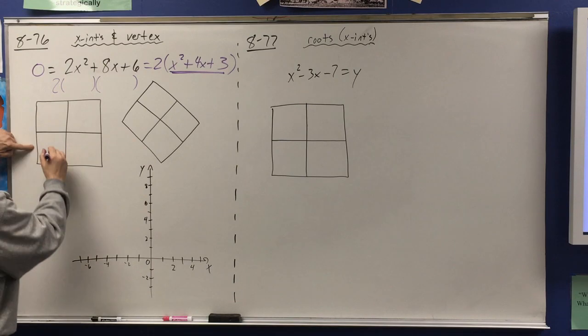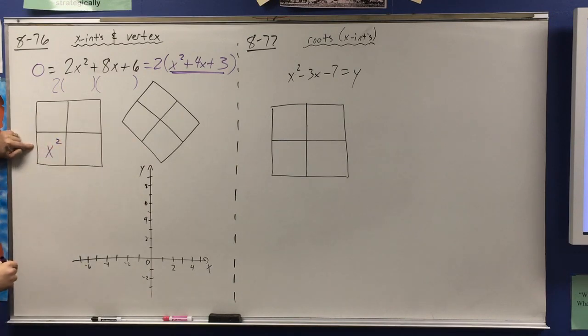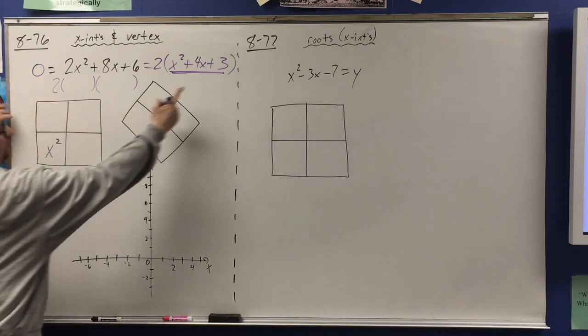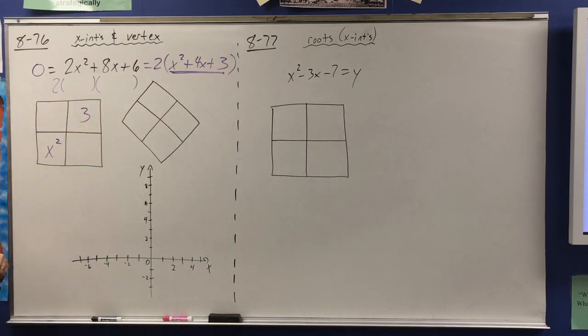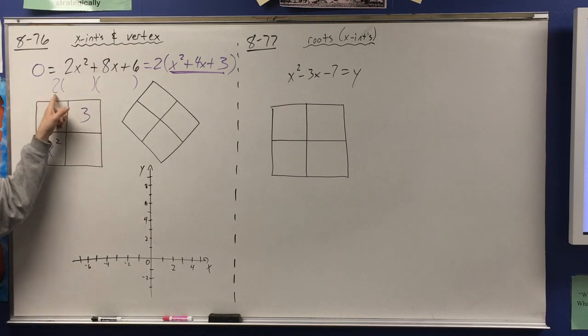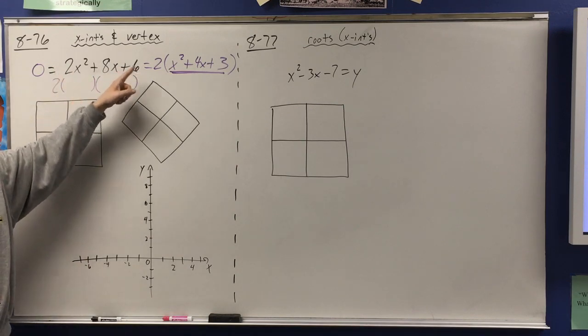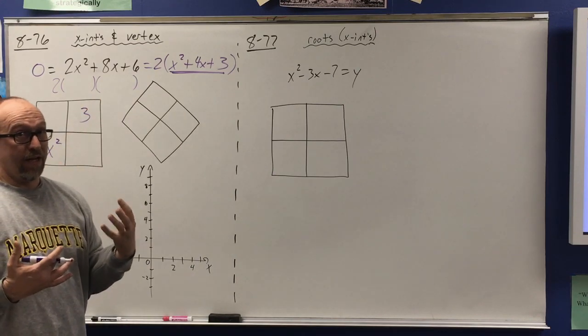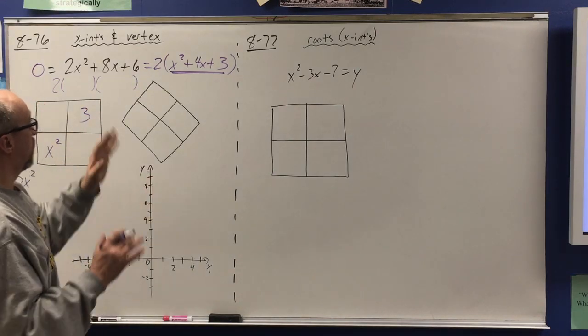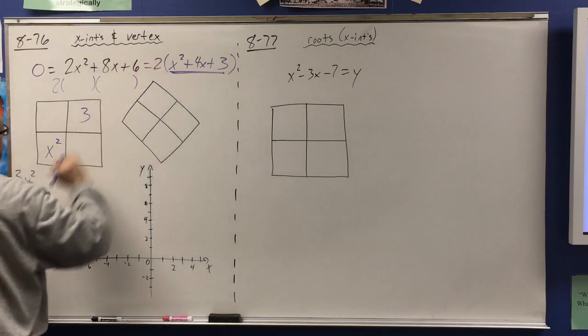That process was put the squared term down in the lower left-hand corner and put the other term in the upper right-hand corner. And then you go, oh yeah, I got to multiply diagonally. And by the way, this works really nice when you factor that thing out. When you see the GCF, factor that out. If you don't, this gets more complex and you might go sideways on this. So look for the GCF first.